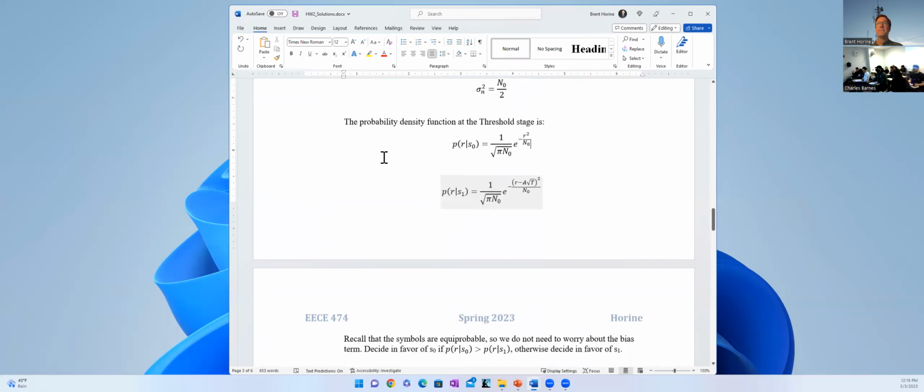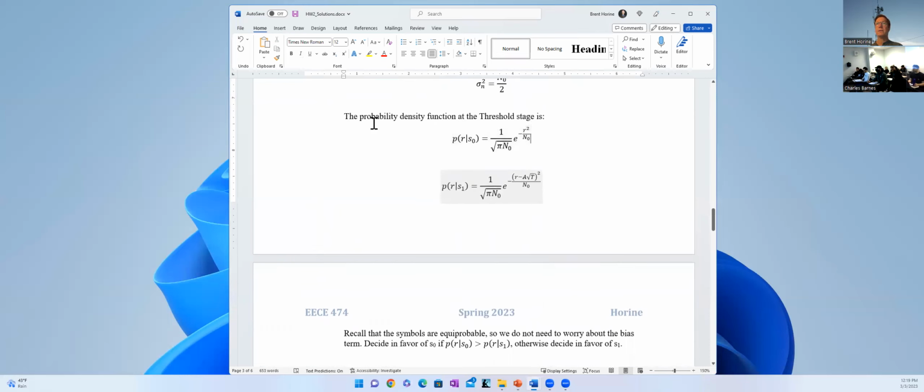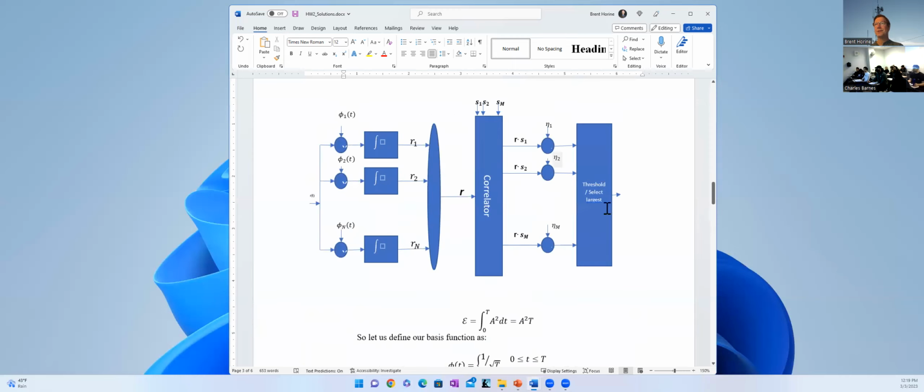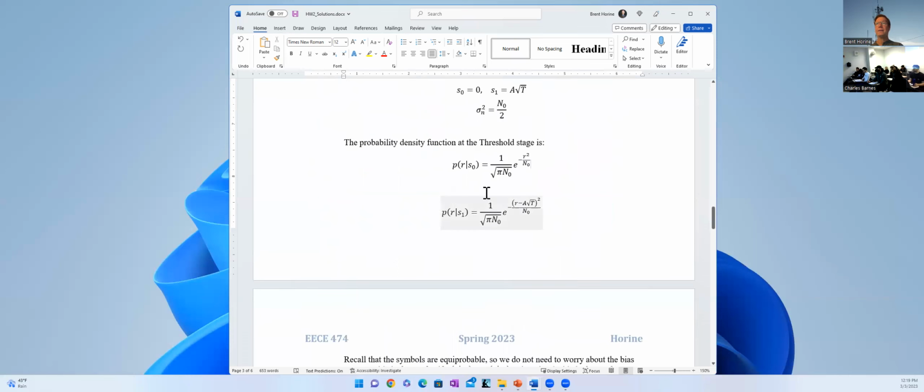What we look at is the probability density function at this detector. When S0 is sent, our received vector's mean is 0, because that symbol is essentially not sent, since it's on-off keying.